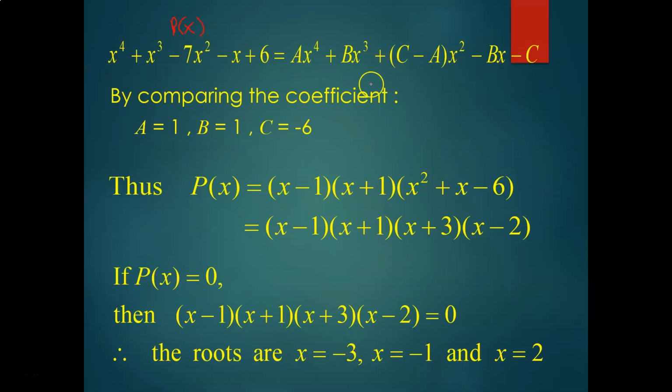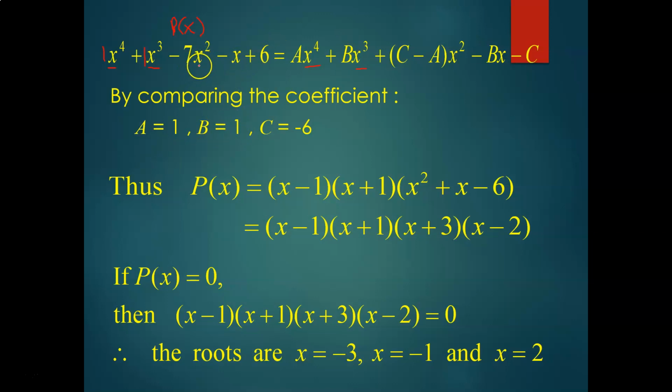So you compare left and right. For the term x to the power of 4, on this side there is 1, on this side there is a, meaning that a equals 1. And now we compare the power 3. On this side, the coefficient of x cubed is 1, but here the coefficient of x cubed is b. So we can say that b equals 1 also.